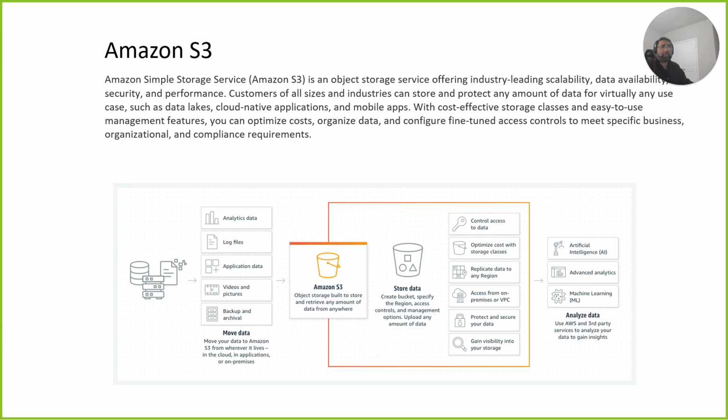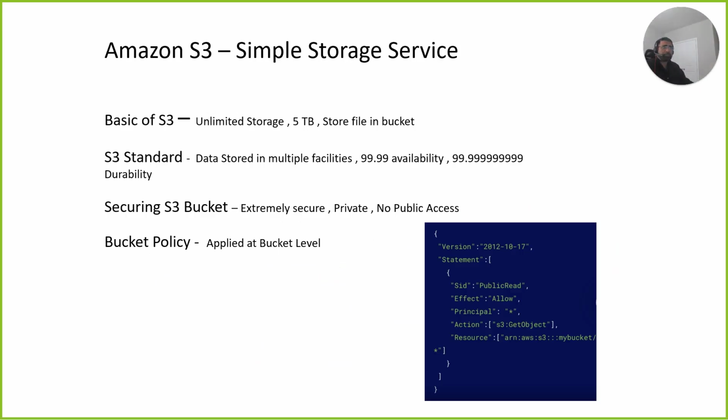But since data is here, we have to make sure the data is categorized well, the data is encrypted, and the data is not available for public access. So while you are creating your S3 buckets, you should consider those aspects of configuration.